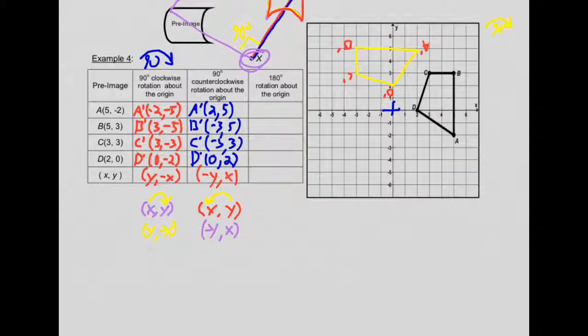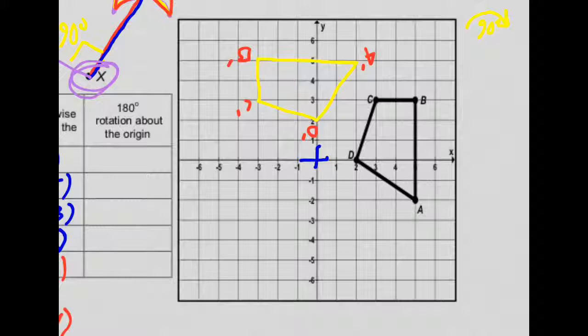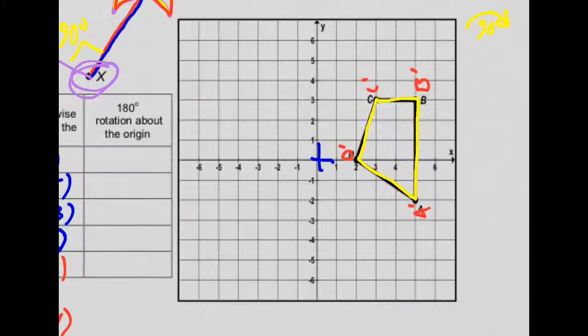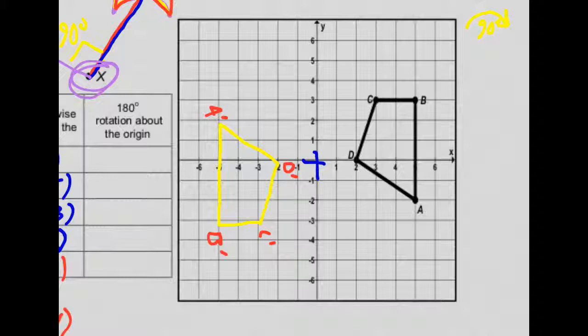And finally, 180 degrees around the origin. So we'll start back here, and then we'll go 180 degrees.